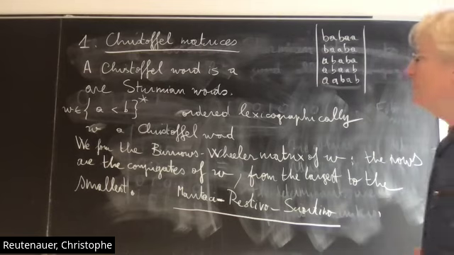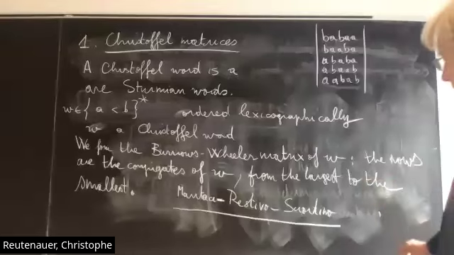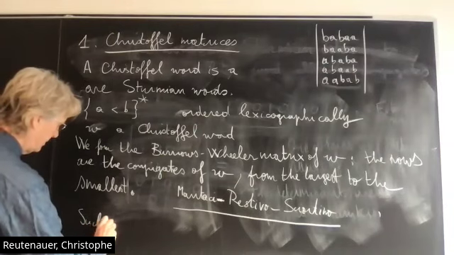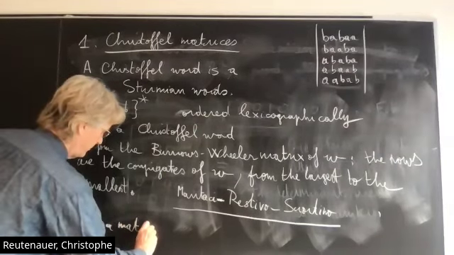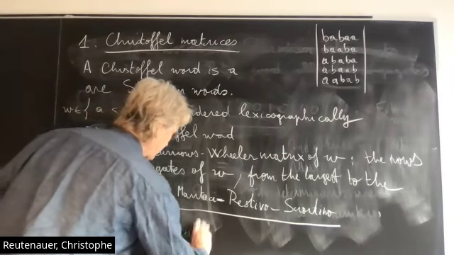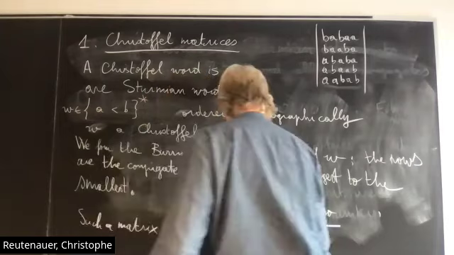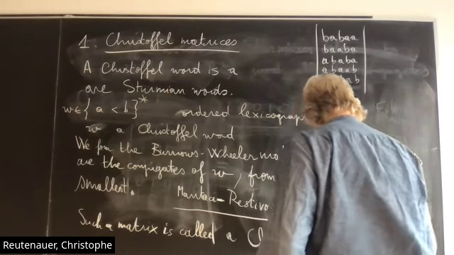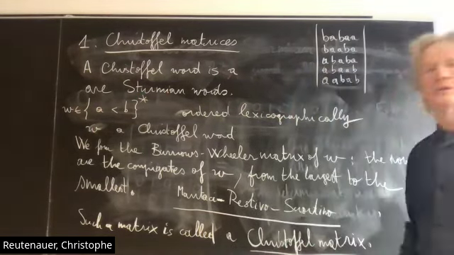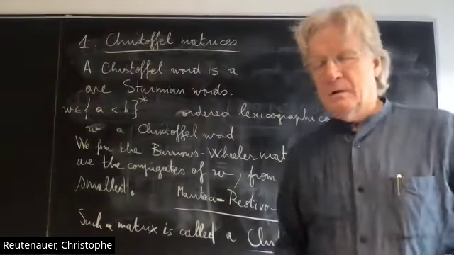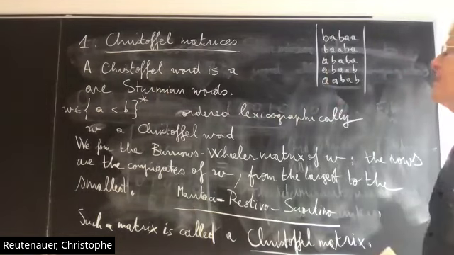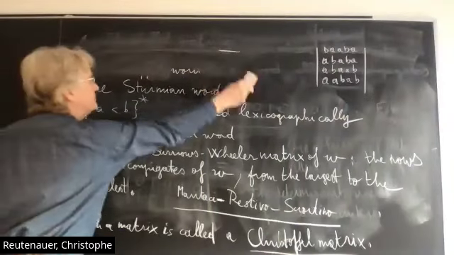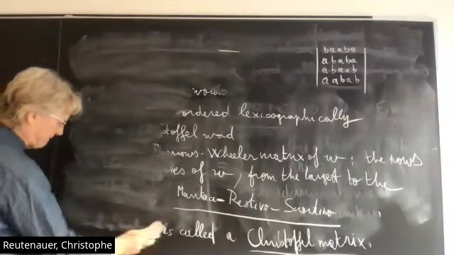And now I call such a matrix a Christoffel matrix. So a Christoffel matrix is the Burrows-Wheeler matrix of a Christoffel word. So I can state a result, which is rather surprising.